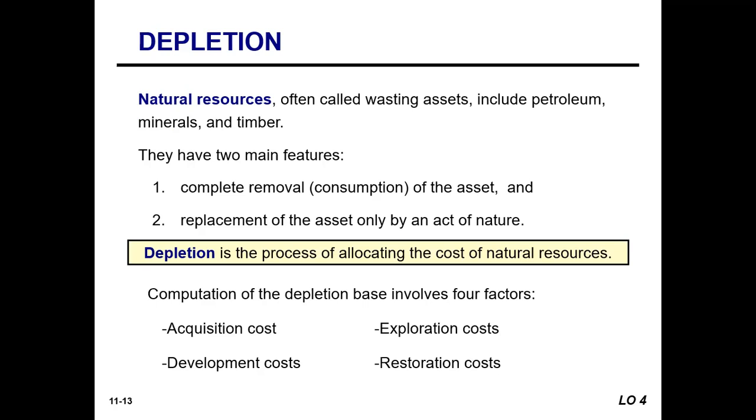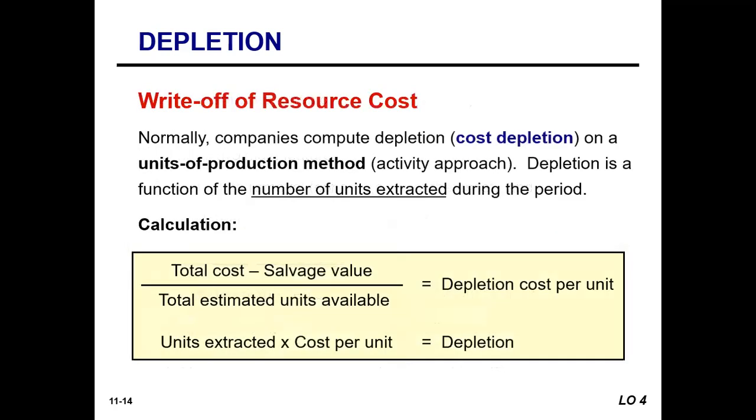It's a natural resource. So a couple things that we need to consider when computing depletion. Obviously the acquisition cost of the asset. If we have any exploration cost on top of that, we're going to capitalize any development cost, or any restoration costs. So a few things we have to consider.